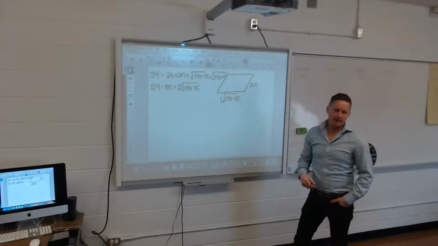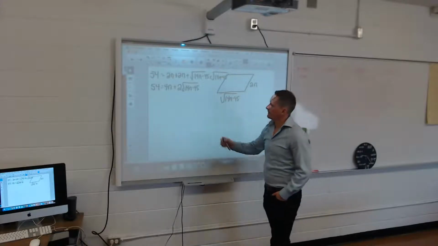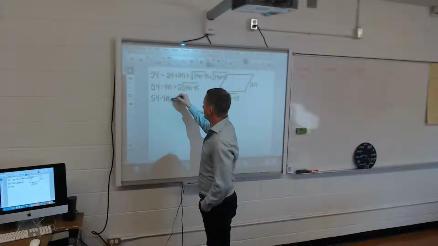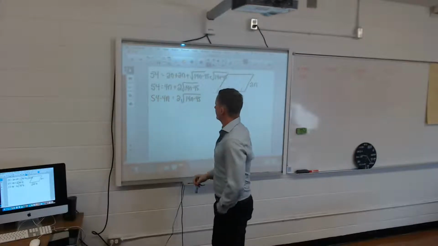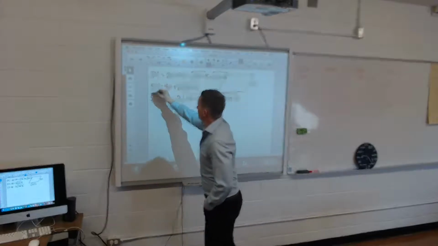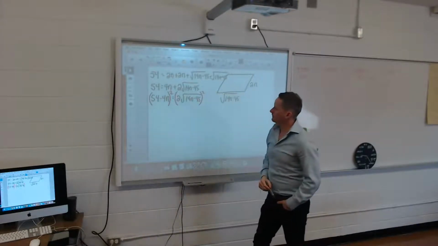So now I need to isolate my square root value. So let's isolate it. So I go 54 minus 4n equals 2 square root 14n minus 45. Now we've got to square everything. Okay, so I take this, square it, and square it.